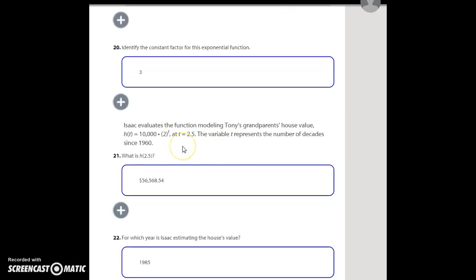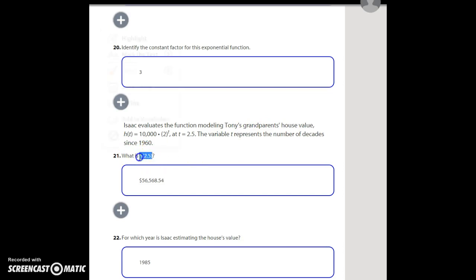Alright, now it gives us an equation about Isaac, and Isaac evaluates the function modeling Tony's grandparents' house value, and it gives us the equation right here. Here's our starting value of 10,000, and it's multiplying by 2 for a certain exponent. He's saying that this exponent here is 2.5, and the variable t represents the number of decades since 1960. It's asking us, what is h of 2.5?